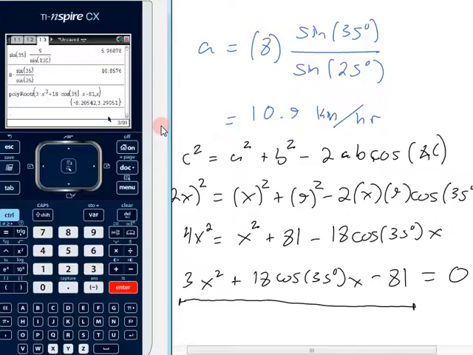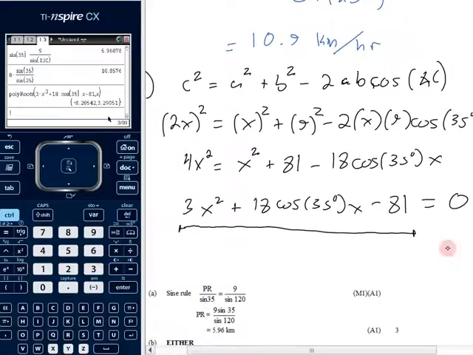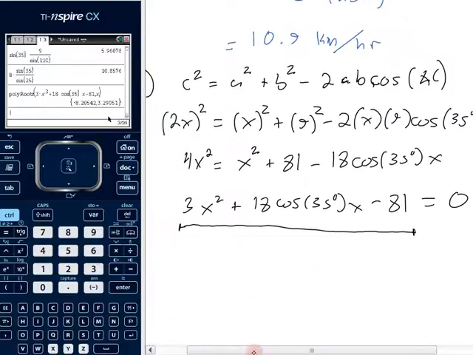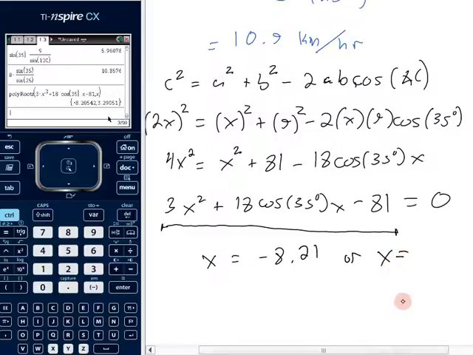And what it returns to you is all of the possible solutions to that polynomial expression. So our solutions are that x could be equal to negative 8.20 or 8.21, or x could be equal to 3.29 to 3 significant digits. That's our two solutions from here.